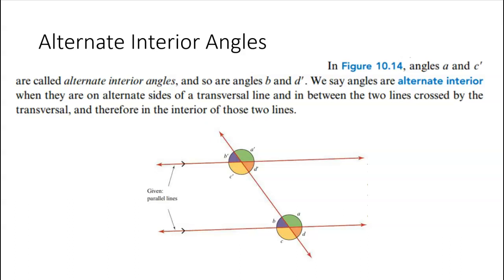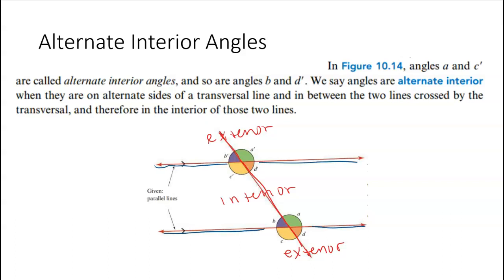Alternate interior angles are the following. So if we've got our transversal cutting our parallel lines, now we're going to think of this out here as the exterior, and we're going to think of this in here as the interior. And again, we're talking about it in terms of these parallel lines. So what do we have here for alternate interior angles?